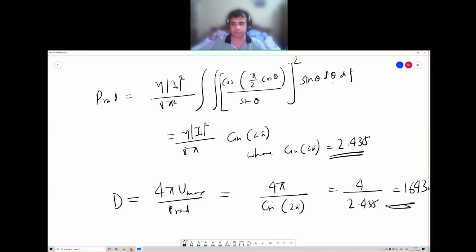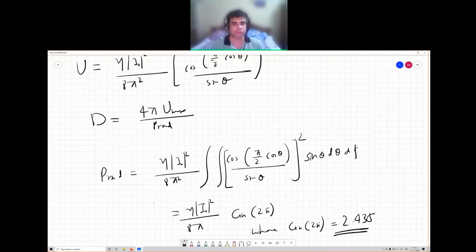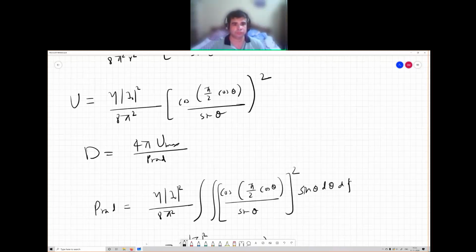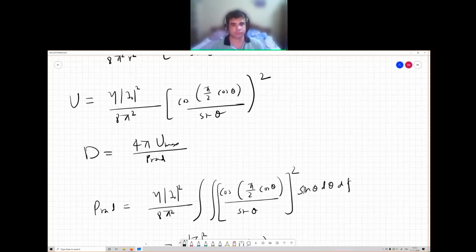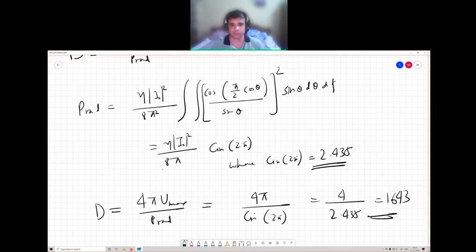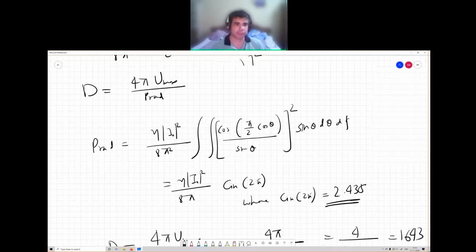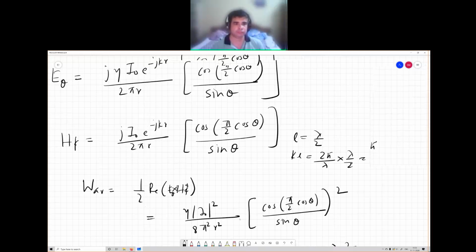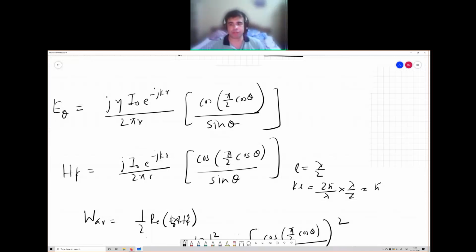Is it okay? You can see the derivation again. For half wave dipole, E theta equals this and H psi is equal to this.